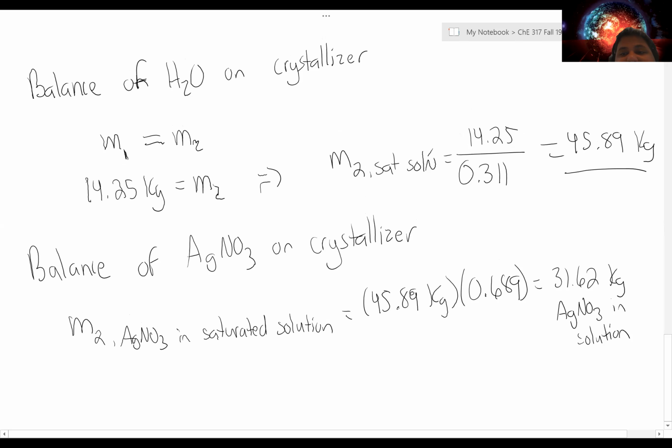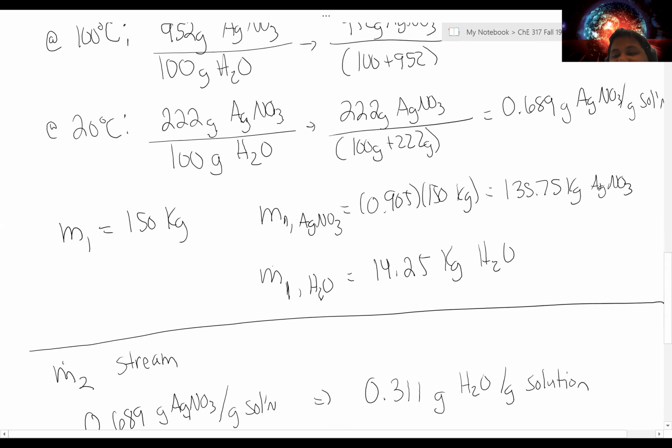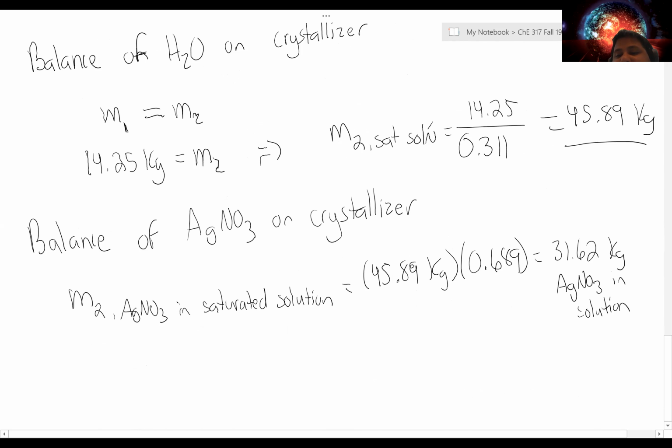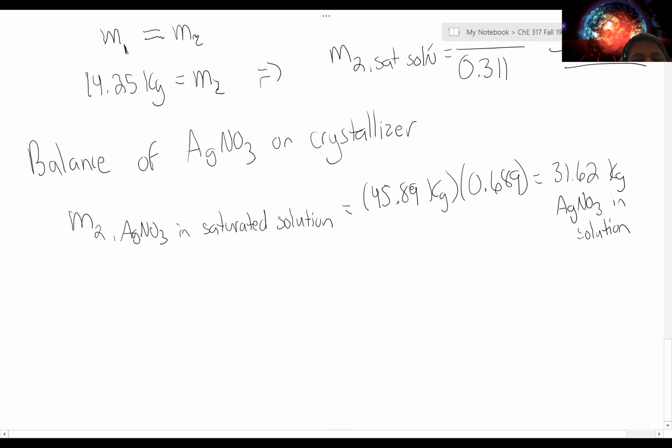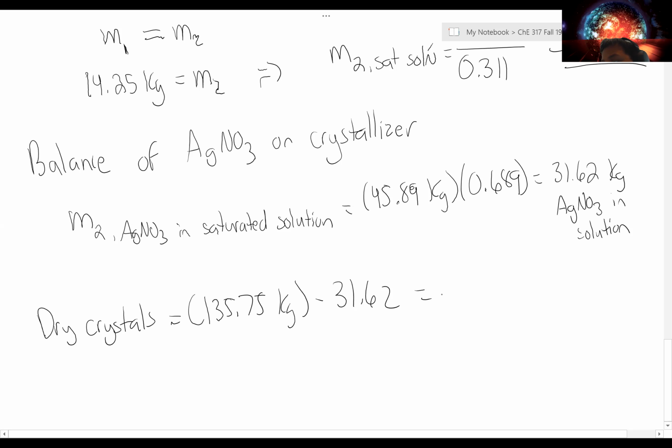And so since we had already stated there's 135.75 kilograms of silver nitrate coming in, the remainder must be dry crystals. And so the amount of dry crystals is the 135.75 kilograms minus 31.62, or 104.13 kilograms of silver nitrate crystals.